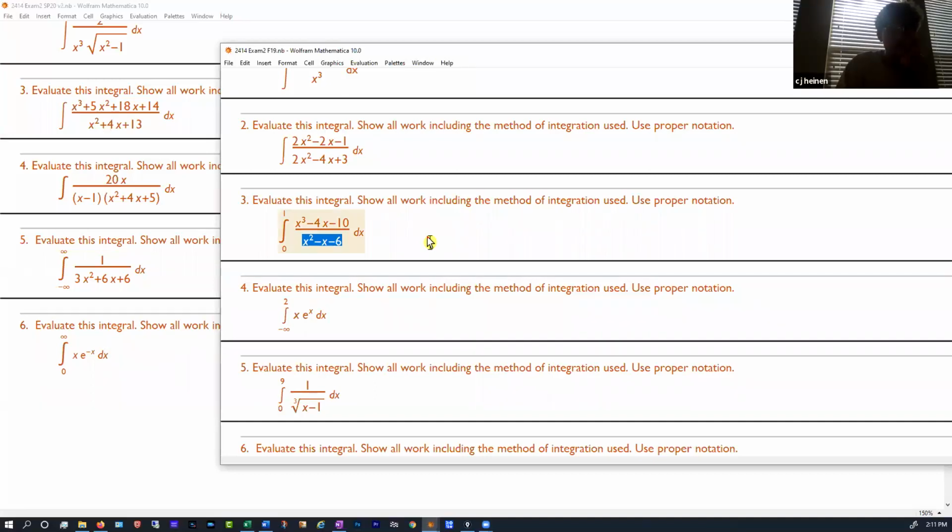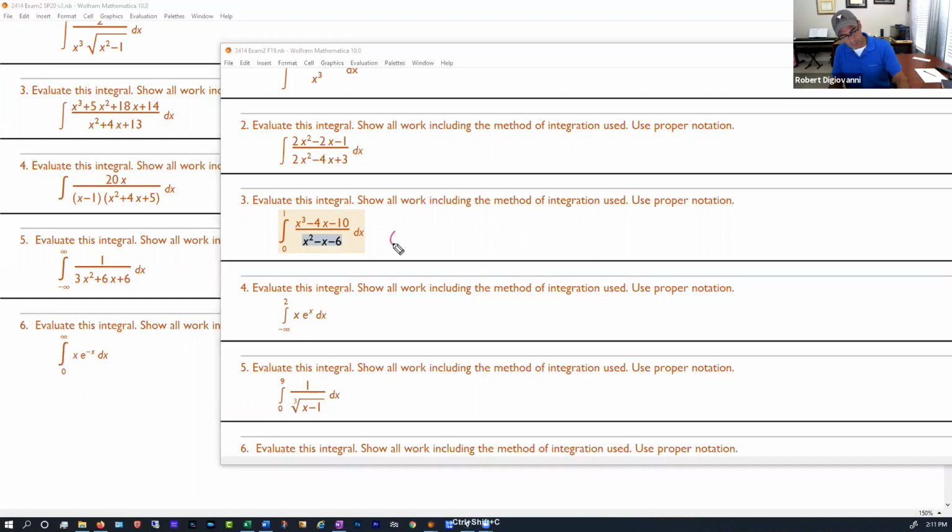No. It's x minus 3 times x plus 2. So if it's x minus 3 times x plus 2, then the problem you would have is at 3 or at -2, right?